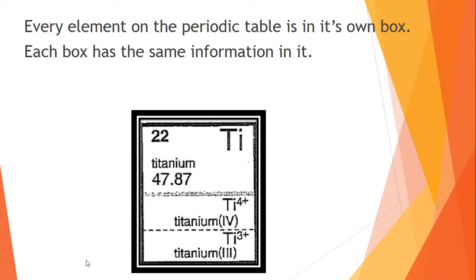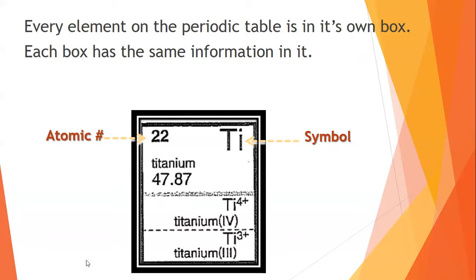All right, so for example, here we have element number 22. Okay, it's the metal titanium. And this particular box tells us quite a bit of information. Okay, number 1, it tells us the atomic number. Now, as we study more about the atoms themselves, this atomic number will become important. It actually tells us how many protons are in the nucleus of this particular atom.